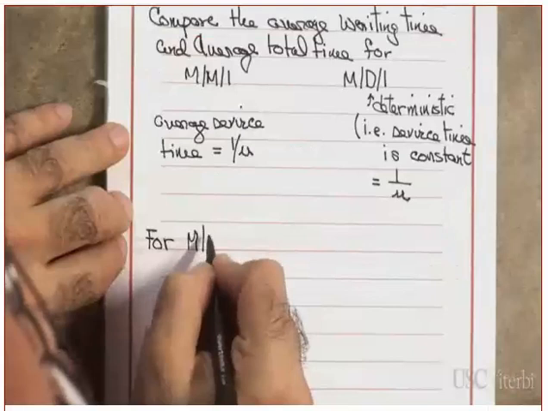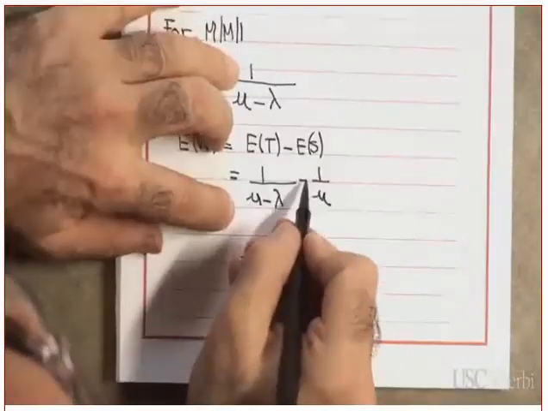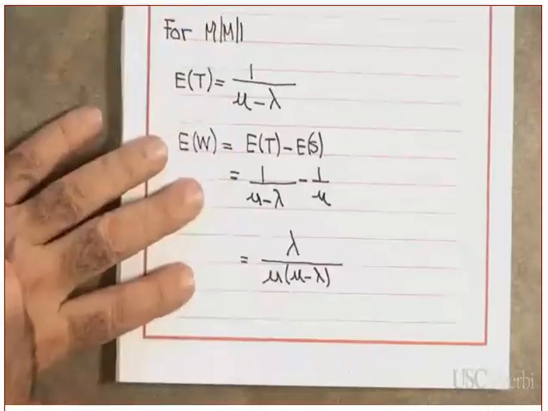Oh, by the way, what is lambda over mu? It's rho. So it's rho by 2 mu, divided by 1 minus rho. Clear?